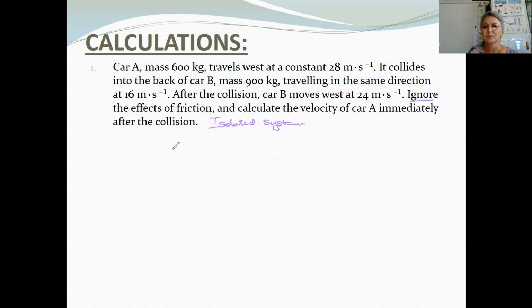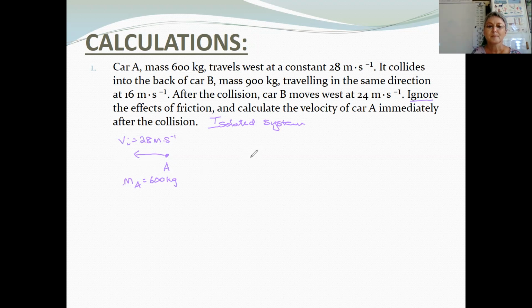And we use the principle of conservation of momentum. I enjoy drawing diagrams to show the situation. So we've got car A that is moving to the west and its initial velocity is 28 meters per second and its mass is 600 kilograms.